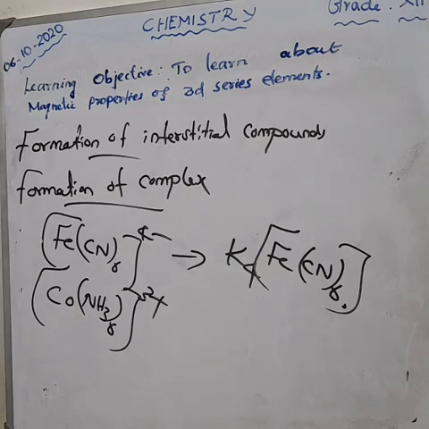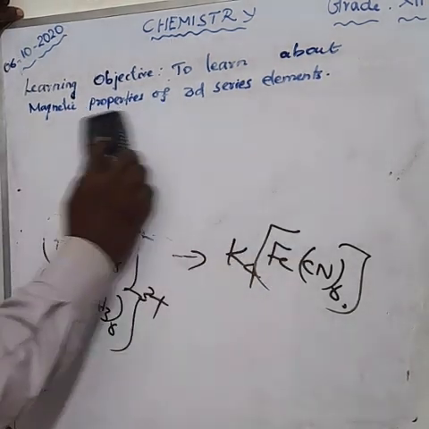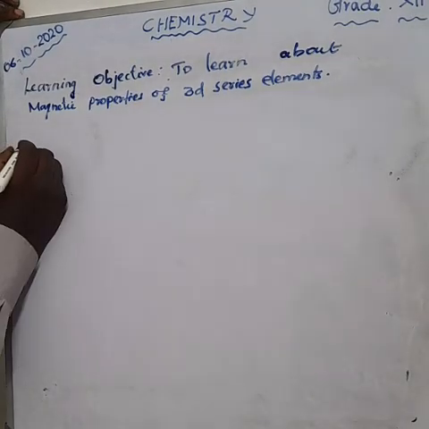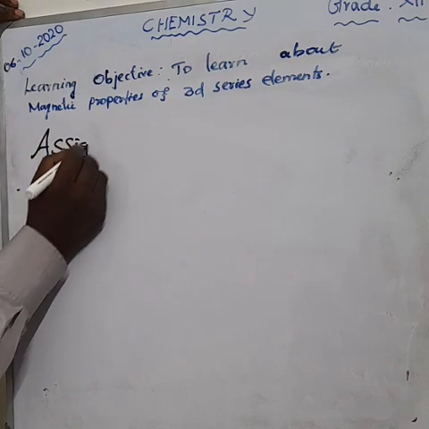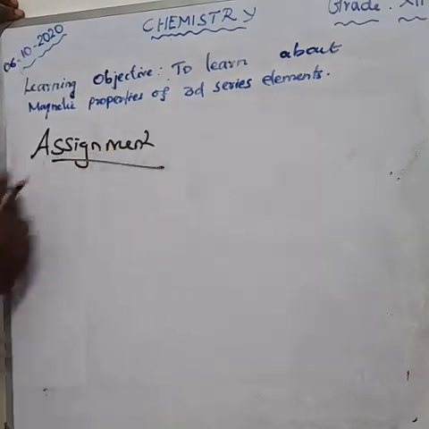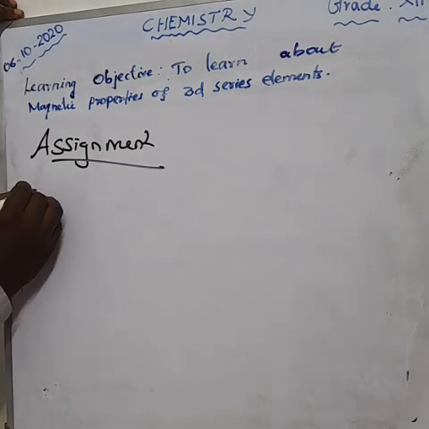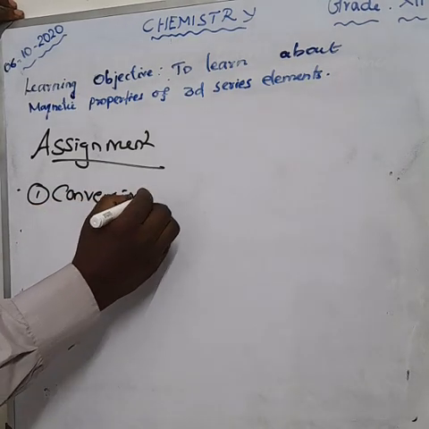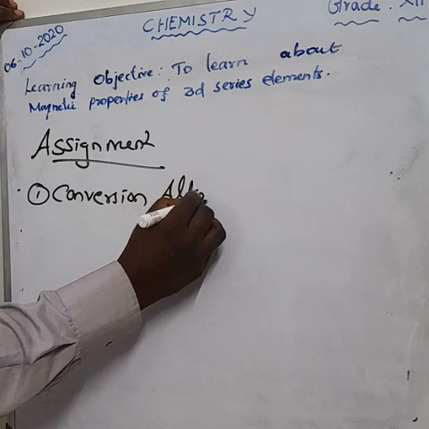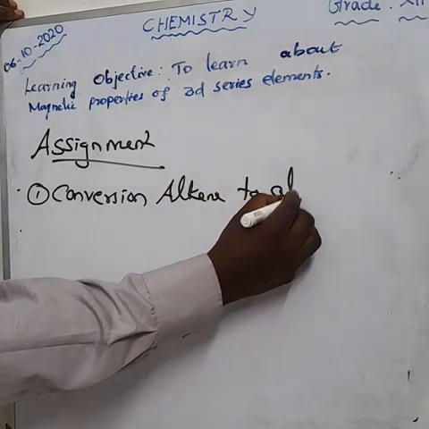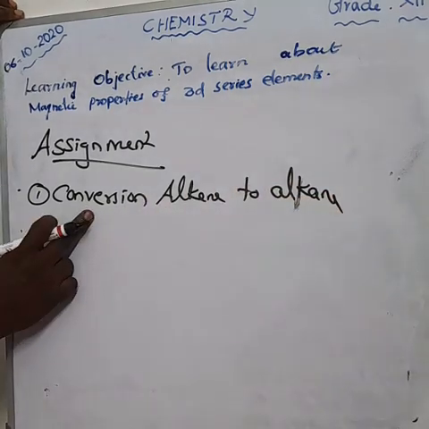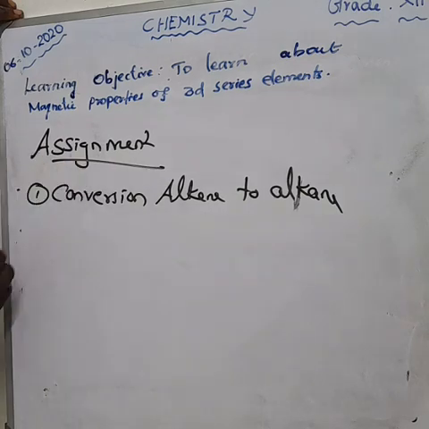Anyhow, today's assignment: what is the assignment? You should write 3 equations. One is conversion of alkene to alkane.